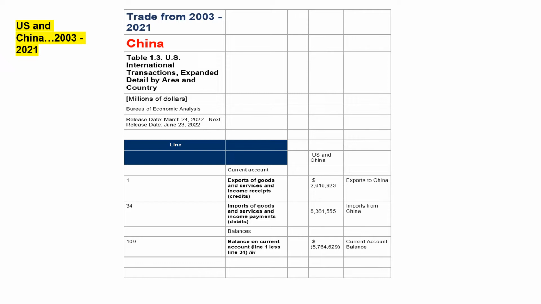It's just absolutely enormous. We're exporting $2.6 trillion worth of goods and services, and we're importing $8.4 trillion worth of goods and services from China, and there are grave consequences associated with that, and reasons behind that, which we will be getting into.